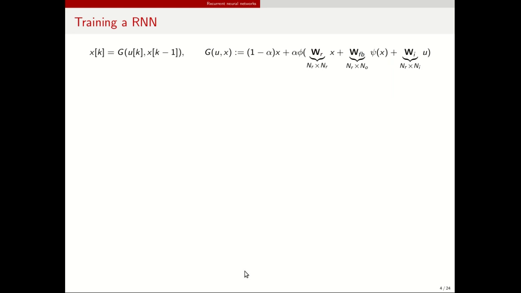Now I want to spend a few words on training, and specifically on what is meant by training a recurrent neural network.